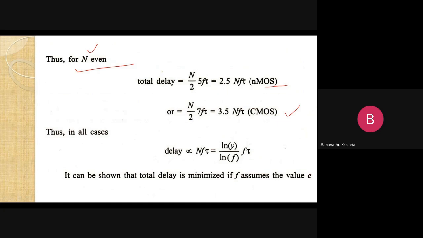Okay, it can be shown that the total delay is minimized if f is assumed to have the value e. So instead of f, you can assume the value e, then it is going to be minimized, right?